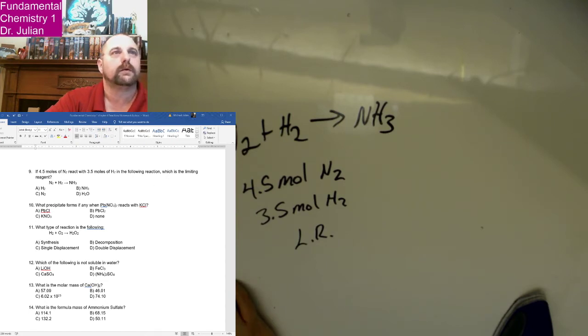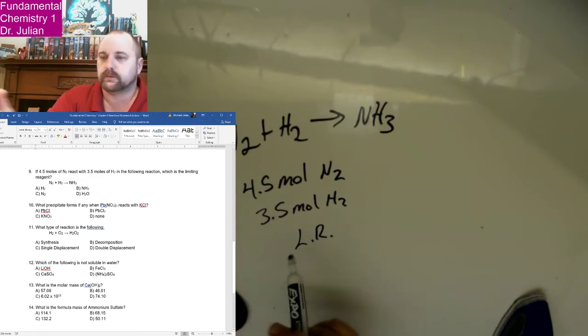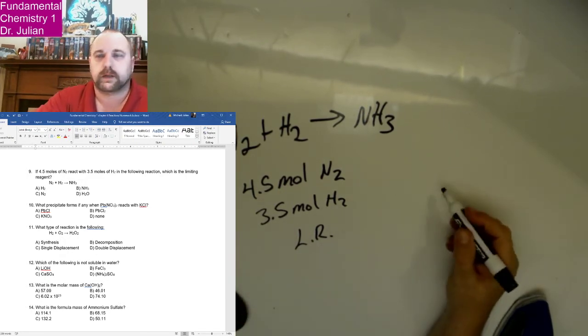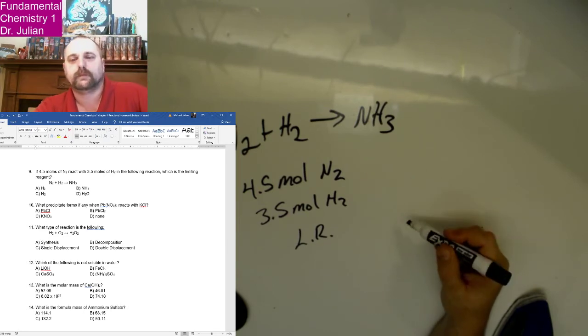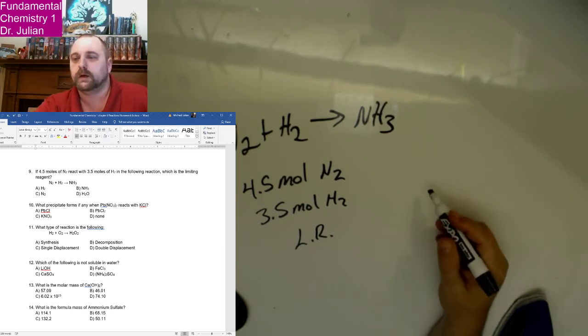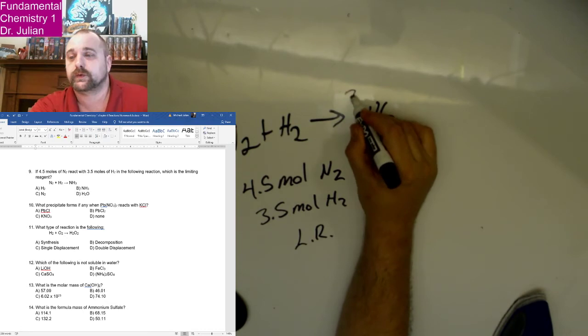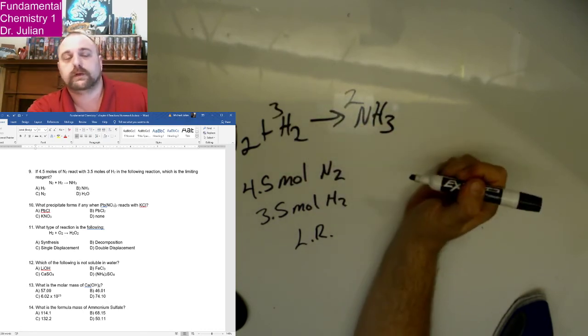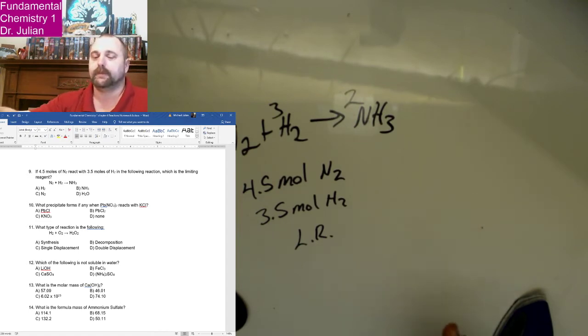There we go. So you gotta learn to write over here. N2 plus H2 is not balanced. I'm gonna put a 2 in front of the N2, and a 3 in front of the H2. Now to balance that out.